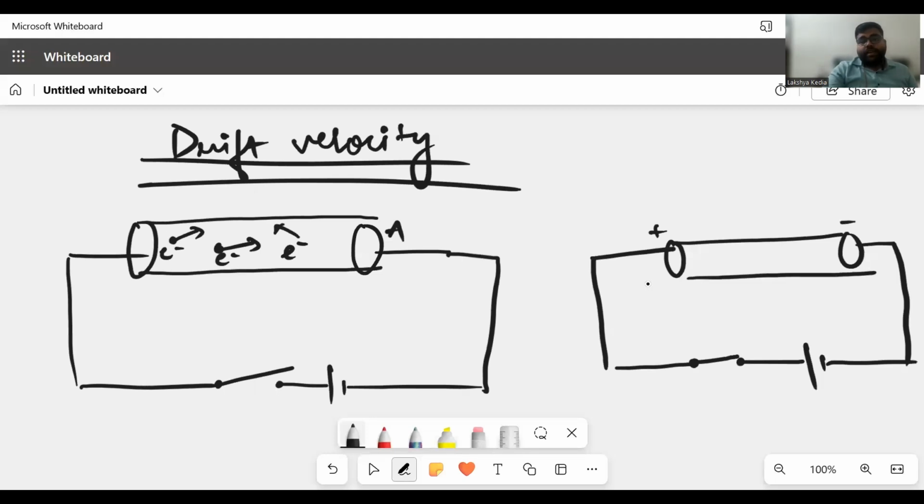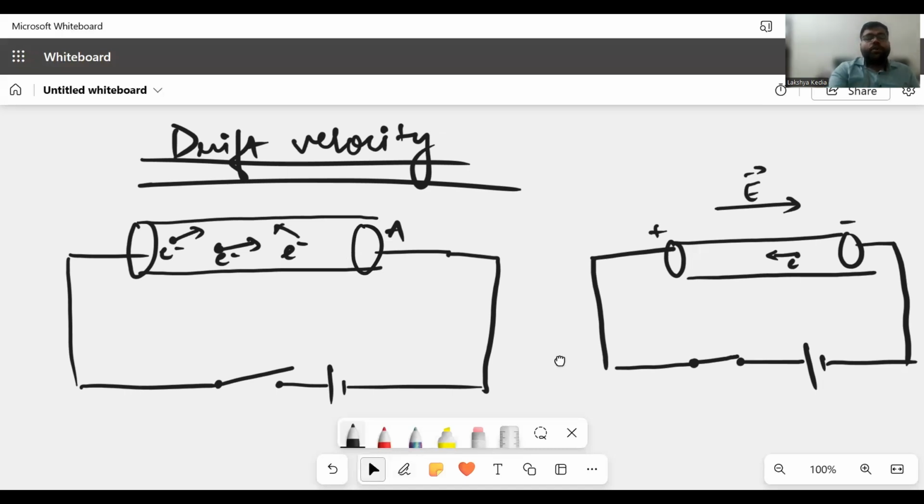So the electric field direction will be this side. So the electrons will move this side, right? So what I am talking about is first the electrons were moving randomly and now the electrons are moving in a particular direction. And the velocity at which they will move is known as drift velocity.